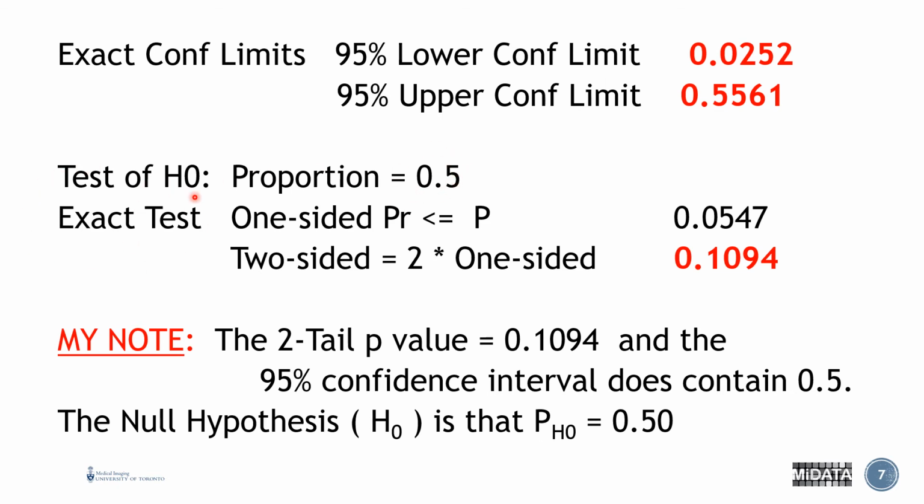When we tested using the exact test, we also found that if we took the two probabilities from each tail and added them together, we got a value of 0.1094, which of course is greater than 0.05, which is our alpha. And so with a two-tail p-value of 0.1094 and the 95% confidence interval that contains 0.5, we fail to reject the null hypothesis that p equals 0.5.